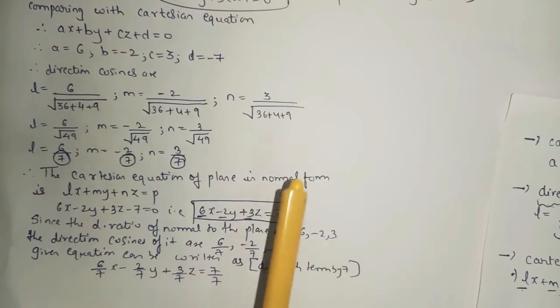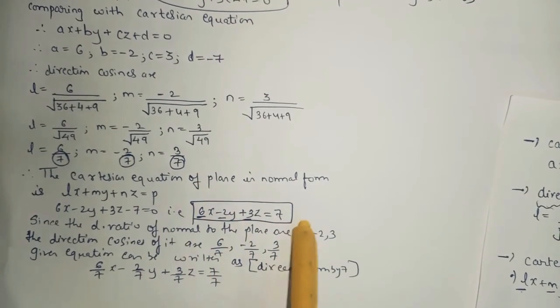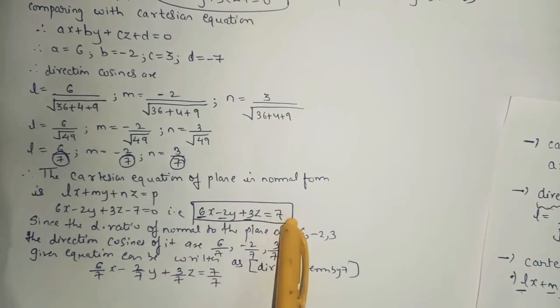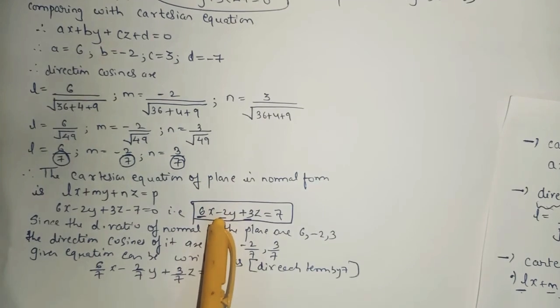Okay, simply what exactly we are doing here: we have the given Cartesian equation of the plane, but it is in the form of the direction ratios. The direction ratios are 6, minus 2, 3.